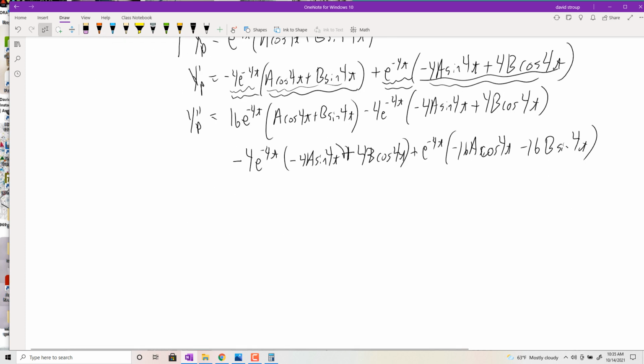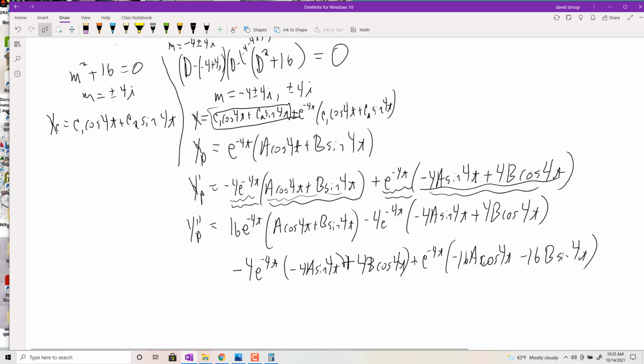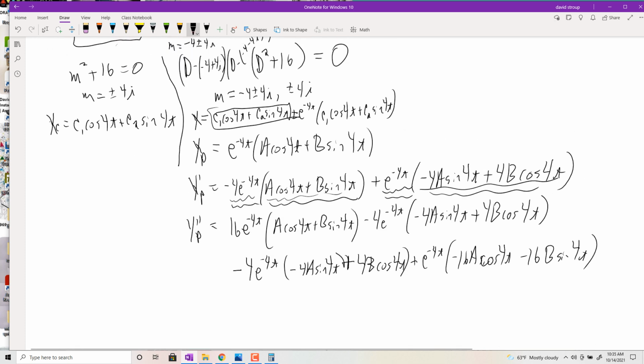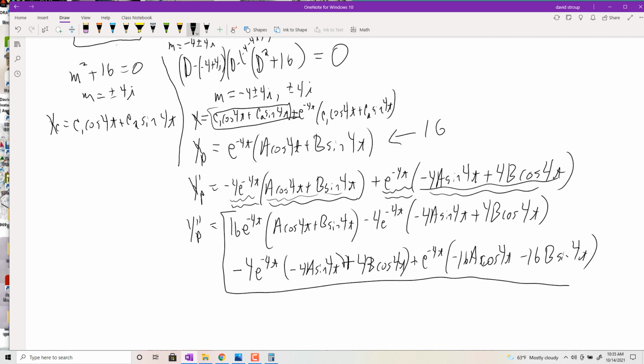Okay. Alrighty then. I don't really need the middle stuff. What I need then for my differential equation, I need 1 x double prime and then 16 x's, right? So looking at this stuff, I need 16 of these, and then just 1 of these.